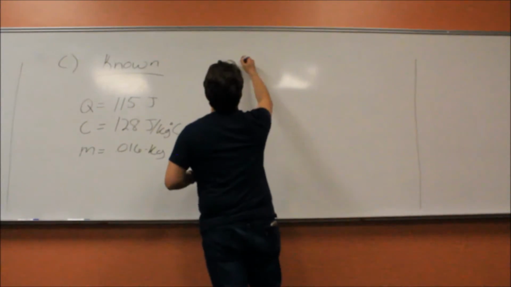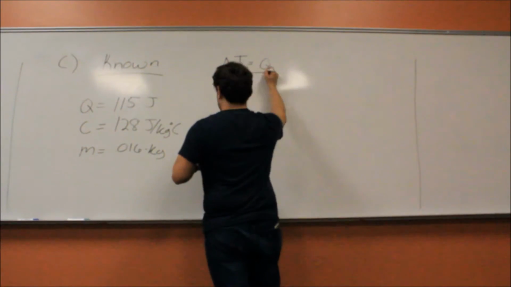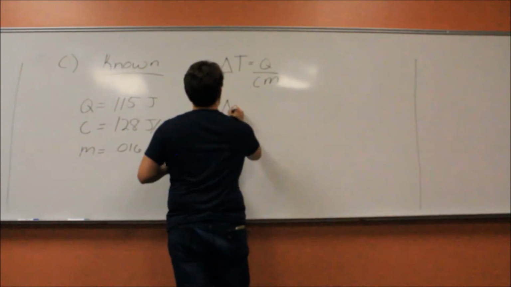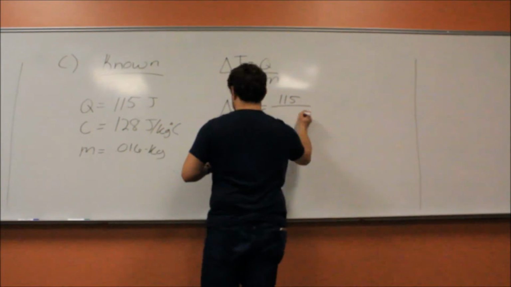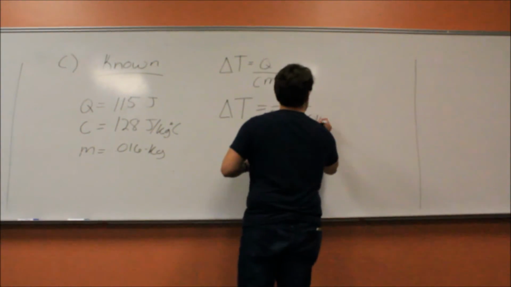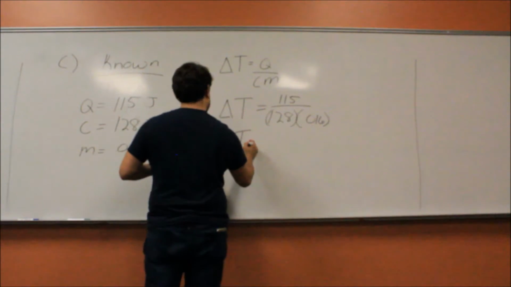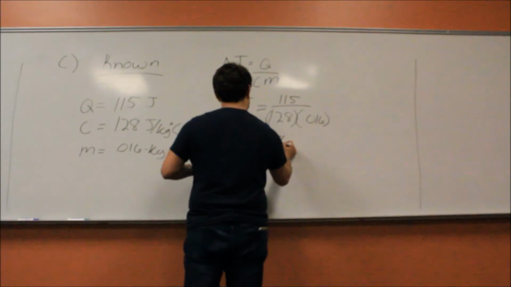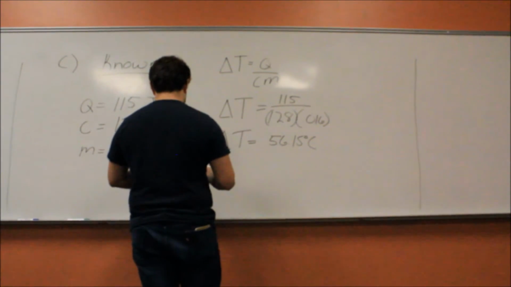So for this, we will use Q equals Cm change in T, where change in T equals Q over Cm, which translates to 115 joules over 128 joules over kilograms Celsius times 0.016 kilograms. The result is a change in temperature of 56.2 degrees Celsius.